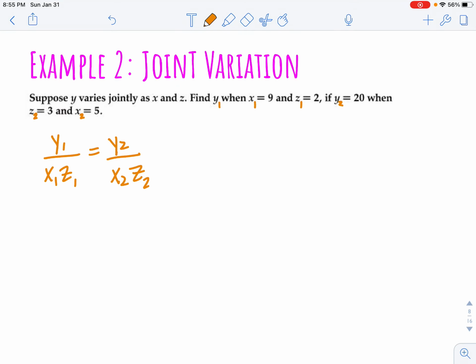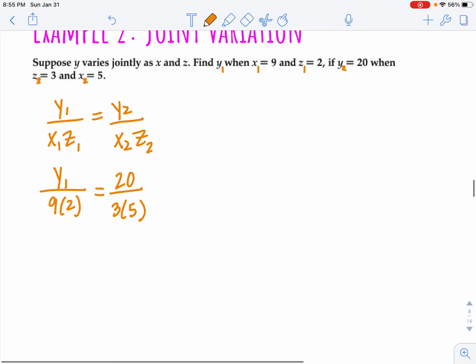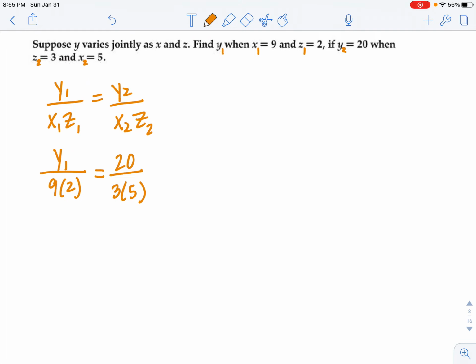So we know that y1, which we don't know, over 9 times 2 is equal to y2, which is 20, over 3 times 5. So we cross multiply.